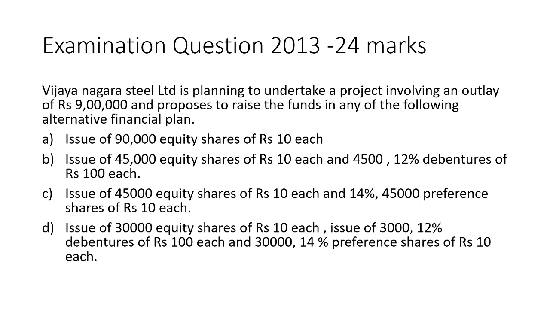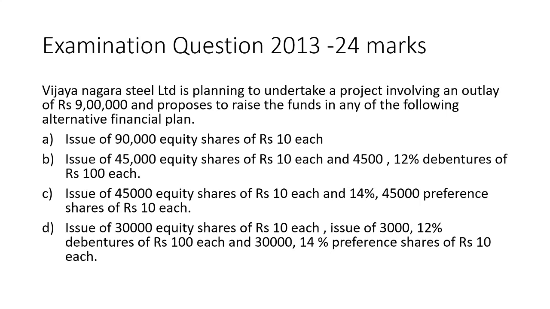The firm wants to raise 9 lakh rupees and there is no mention of the existing capital here, so we have to assume that the firm wants to raise 9 lakh rupees. And how can this be raised? The first one is the firm can issue all equity, that is 90,000 equity shares of Rs 10 each.